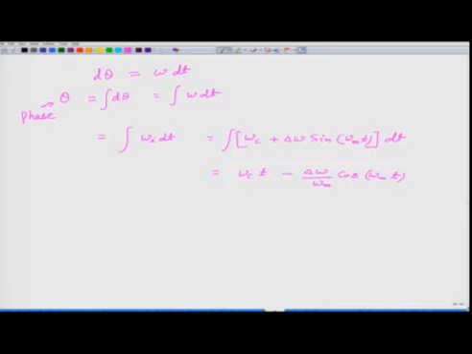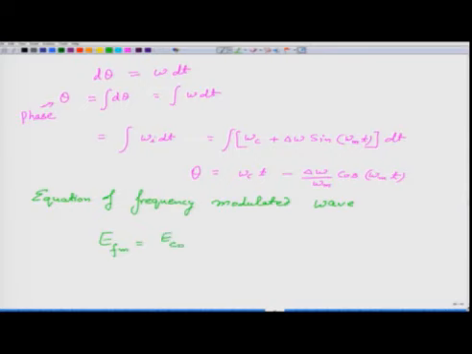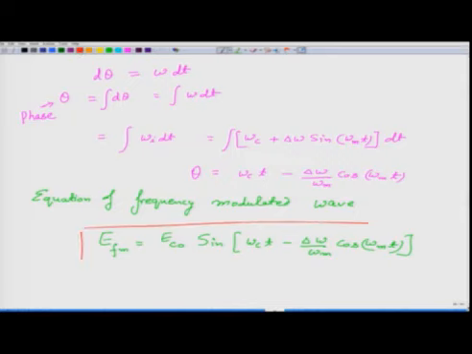So, this will be theta. So, the equation of the frequency modulated wave becomes E_FM = E_c0, the amplitude of the carrier wave does not change, sin(omega_c t minus delta omega over omega_m cos(omega_m t)). So, this is the mathematical representation of the frequency modulated wave.